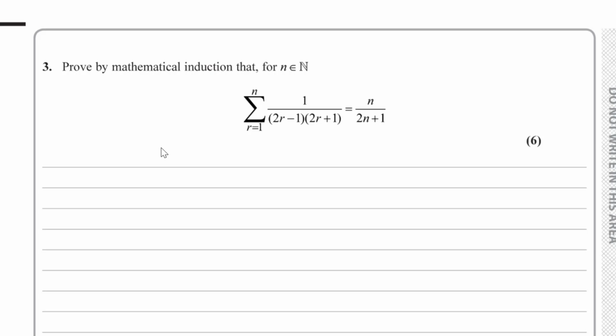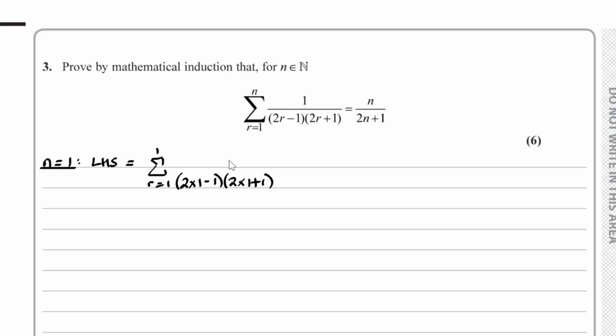The first step is to show that the result is true for n equals 1. So when n is equal to 1, on the left hand side we have the sum from r equals 1 to r equals 1 of 1 over 2 times by 1 minus 1 lots of 2 times by 1 plus 1. Okay, let's just make this line a bit bigger.